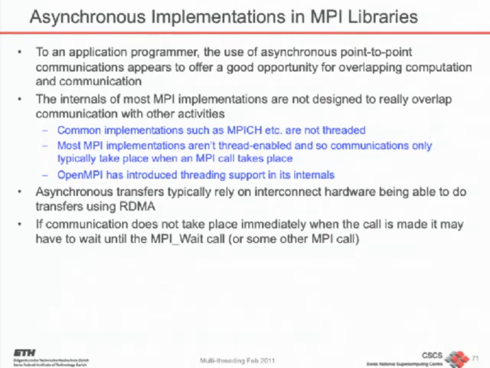So they're not threaded. So the communication will only take place when an MPI call takes place, when it has access to whatever it did before. And that typically for applications means either when you issue the asynchronous call or when you issue the wait for that call to complete.